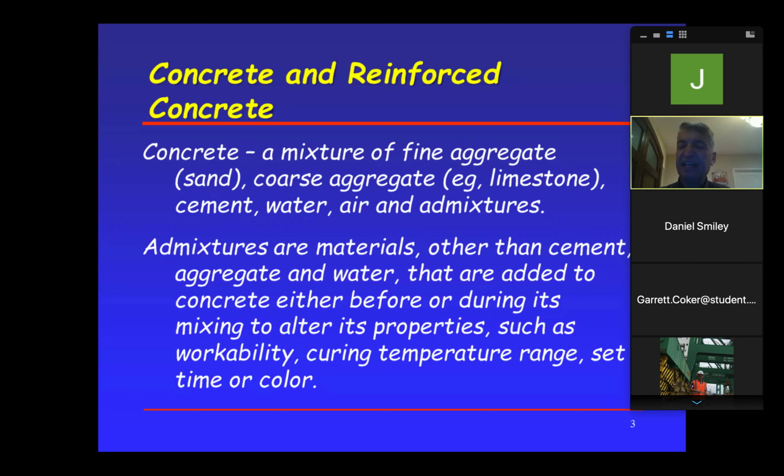They grind them so fine to become sand, and you've done sieve analysis in your geotechnical class, with so much passing the grade and all that.